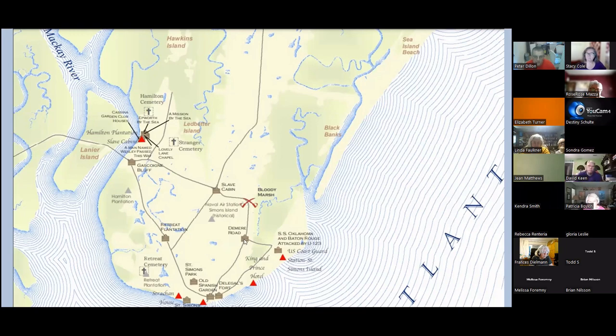Some of them relate to the way roads were set up. Here's a historical fort, battles. This area was a plantation area, so you can see plantations and also where different slave cabins are located. Some of these have been restored in St. Simons, so this will be useful here.